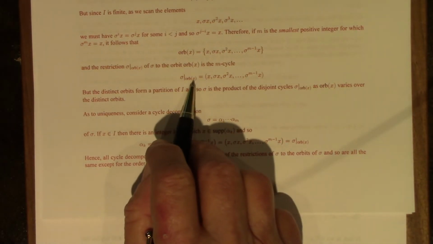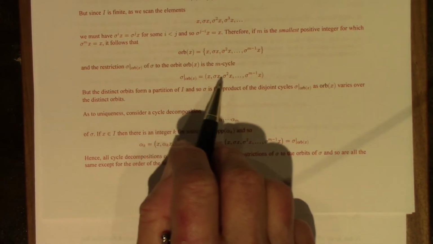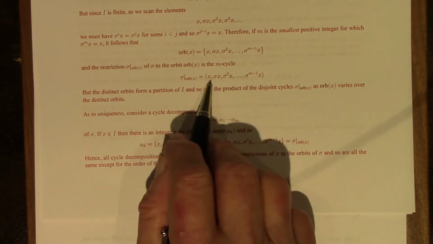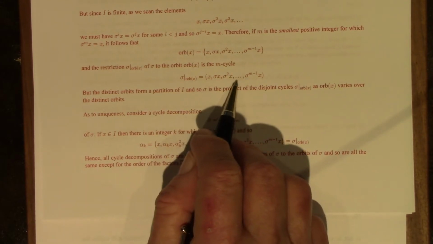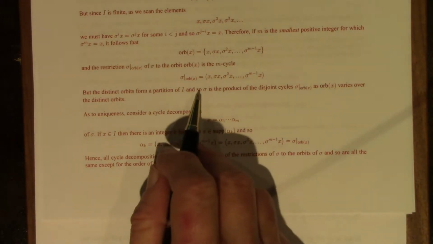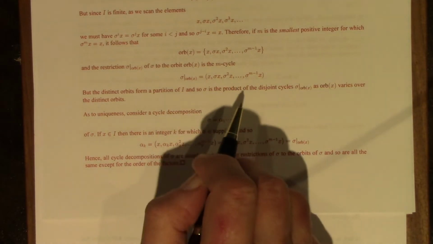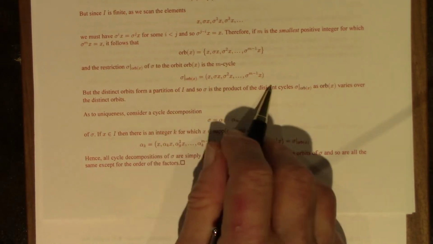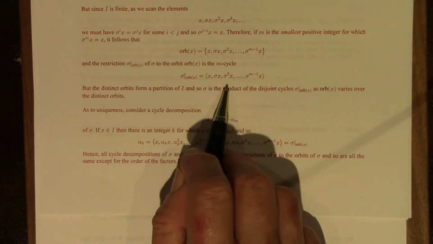If you vary over x, there are m elements that give you the same cycle, so there's a lot of duplicates. We just want the distinct orbits. And then the cycles that correspond to those orbits, their product will be sigma. So that is the existence portion of the theorem. The cycles are disjoint, and you get the product of disjoint cycles.